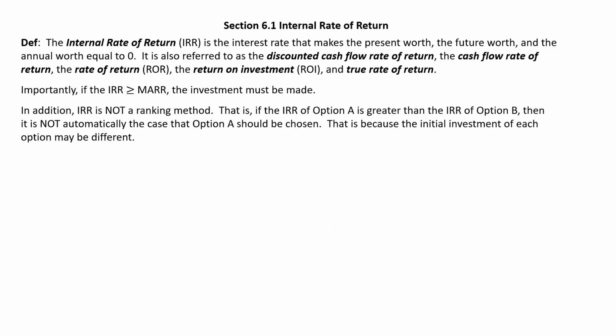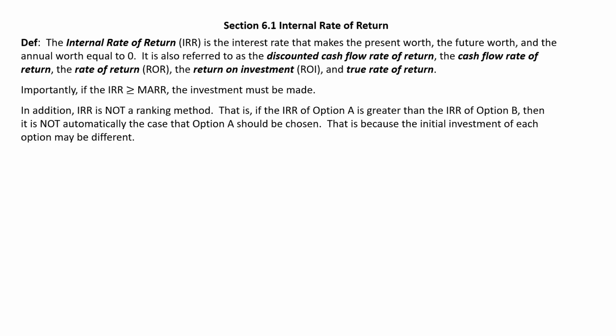So should you automatically pick the one that's giving you the higher internal rate of return, the 50%? No, not necessarily, because with $100,000, if something goes wrong, God forbid, then you are in the negative quite a bit more. So there is risk associated with a bigger investment.